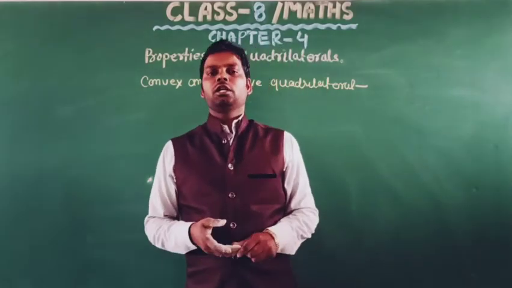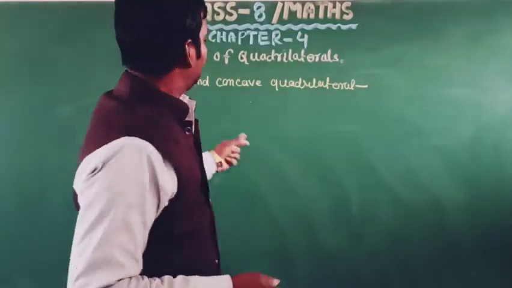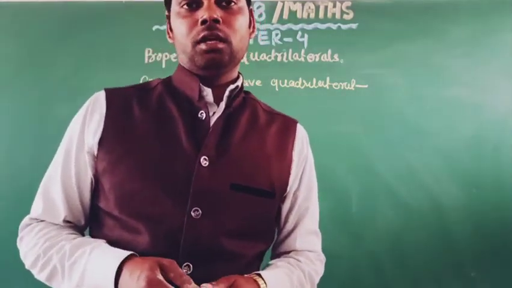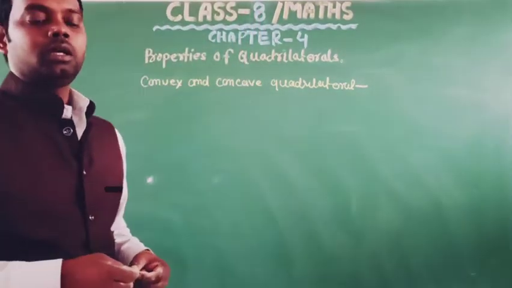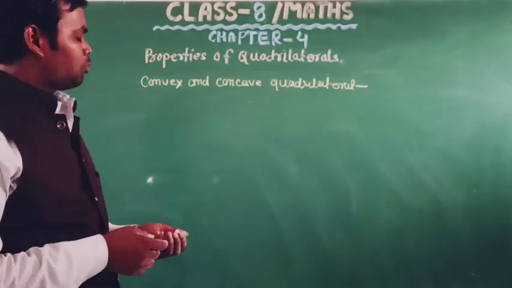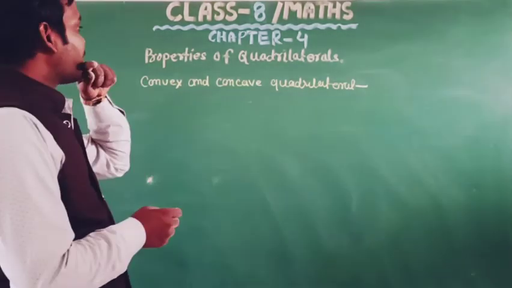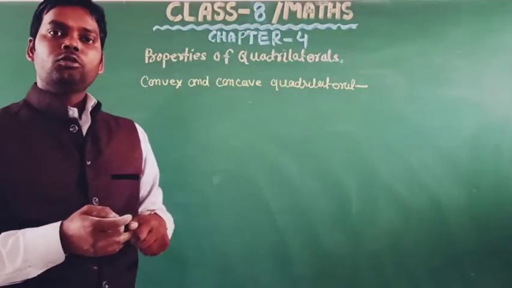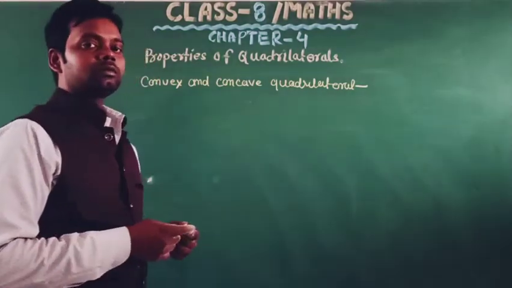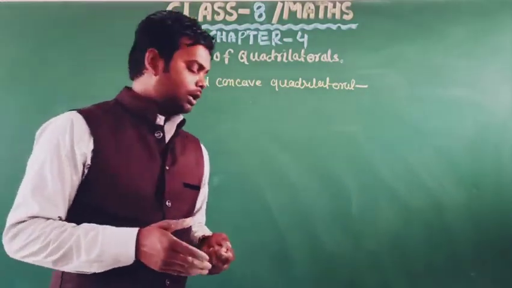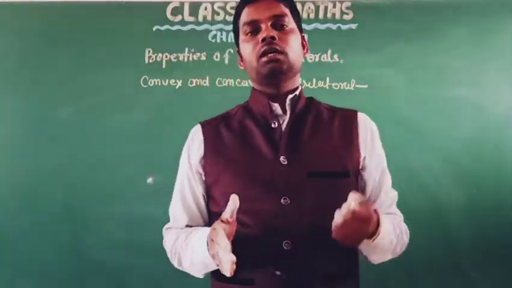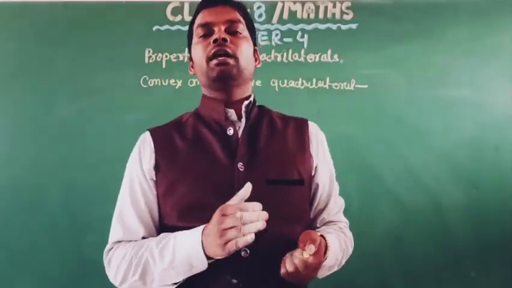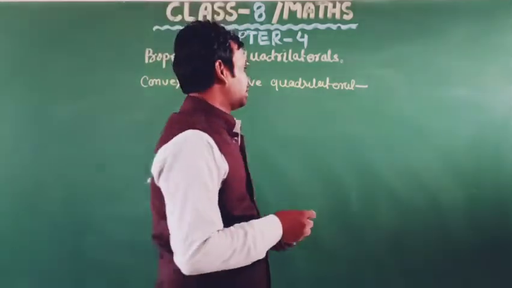Now let us discuss convex and concave quadrilaterals. So a quadrilateral is said to be concave if its diagonal lies outside the quadrilateral.